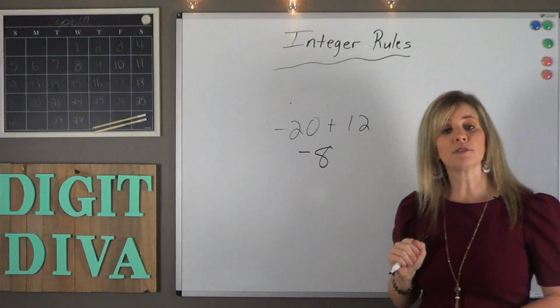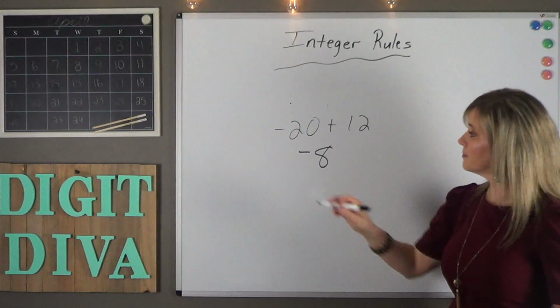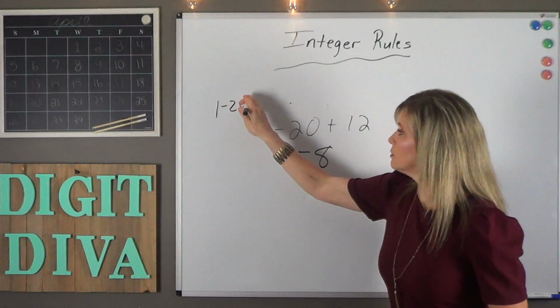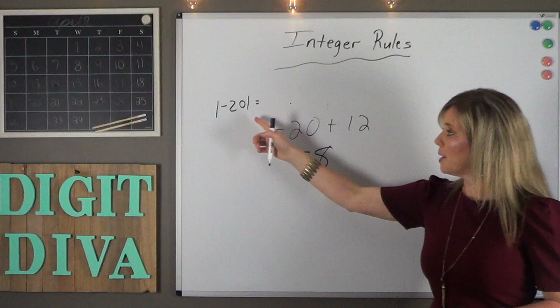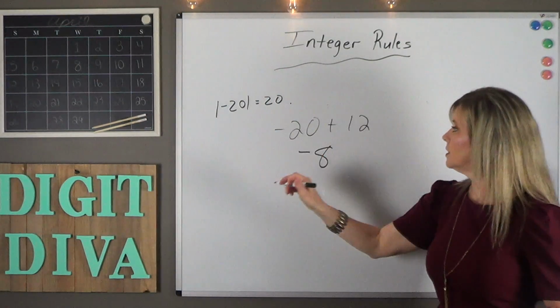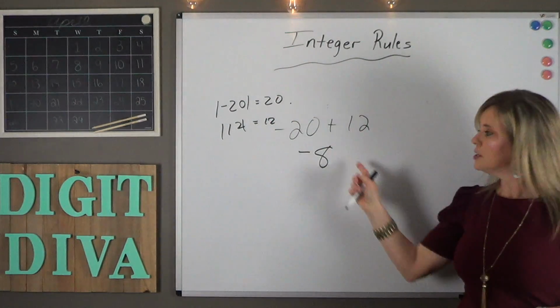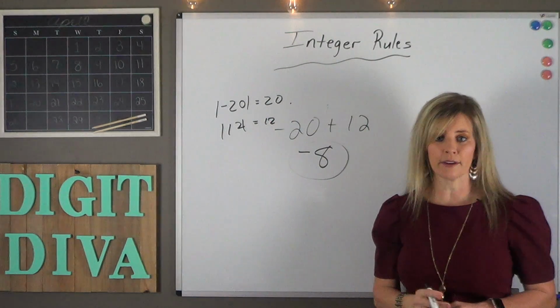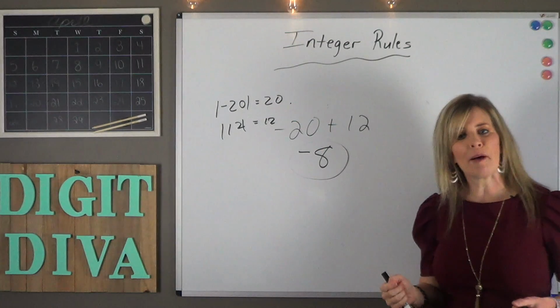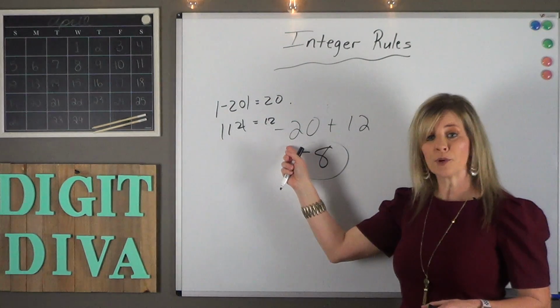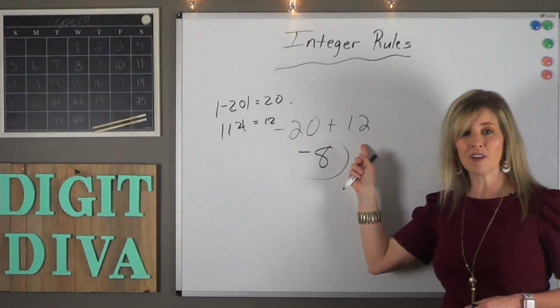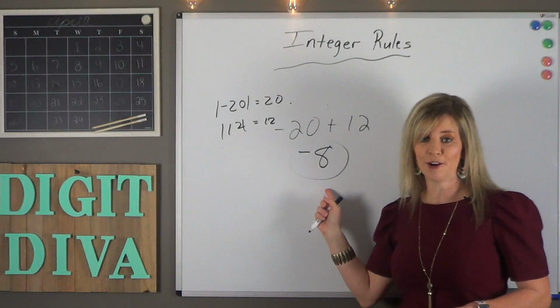The absolute value of -20 is 20, and remember, absolute value is shown with those little bars. The absolute value of 12 is 12. So our answer would be negative. Again, think about money. Perhaps you owe someone $20 and you pay them back 12. Well, you still owe them $8.